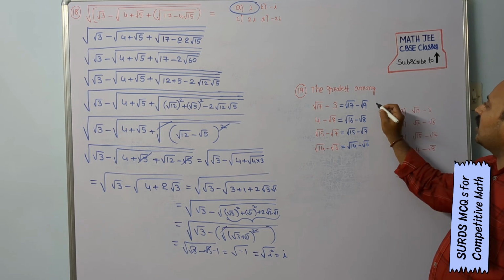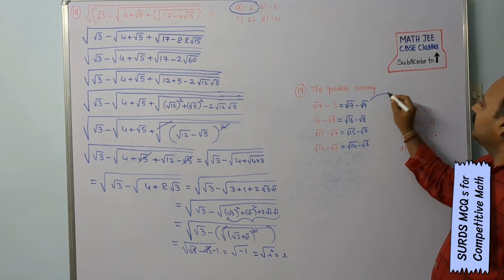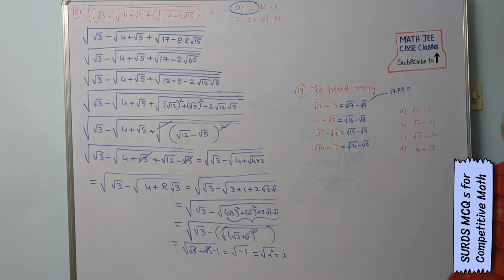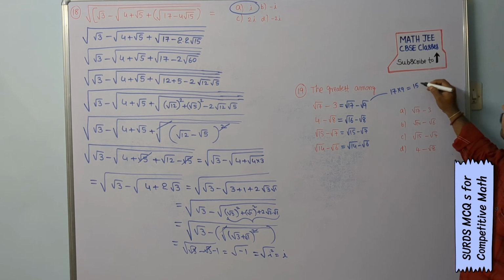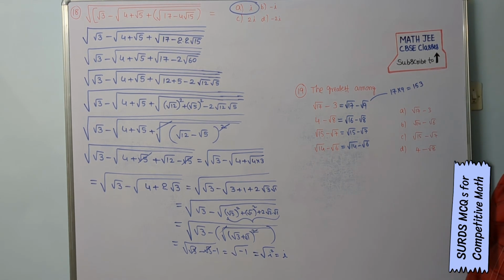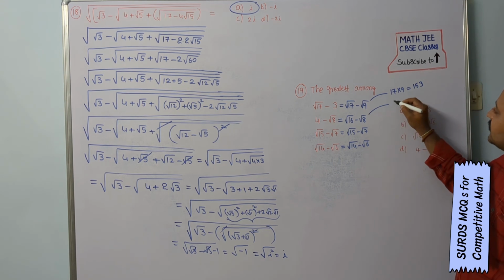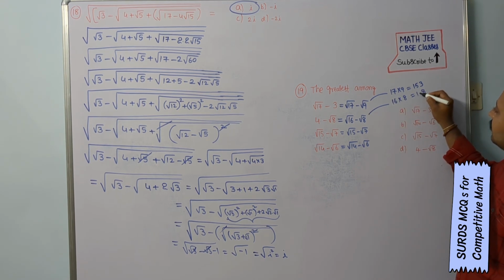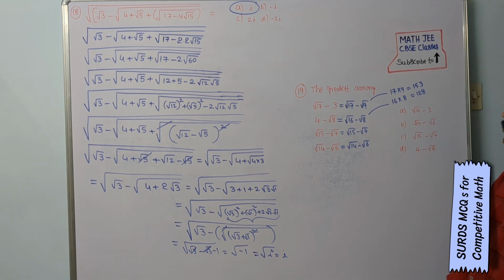Now we have to do the product. For the first one, here 17 into 9. Okay, dear students? So 153. Next for this, 16 into 8, 128.